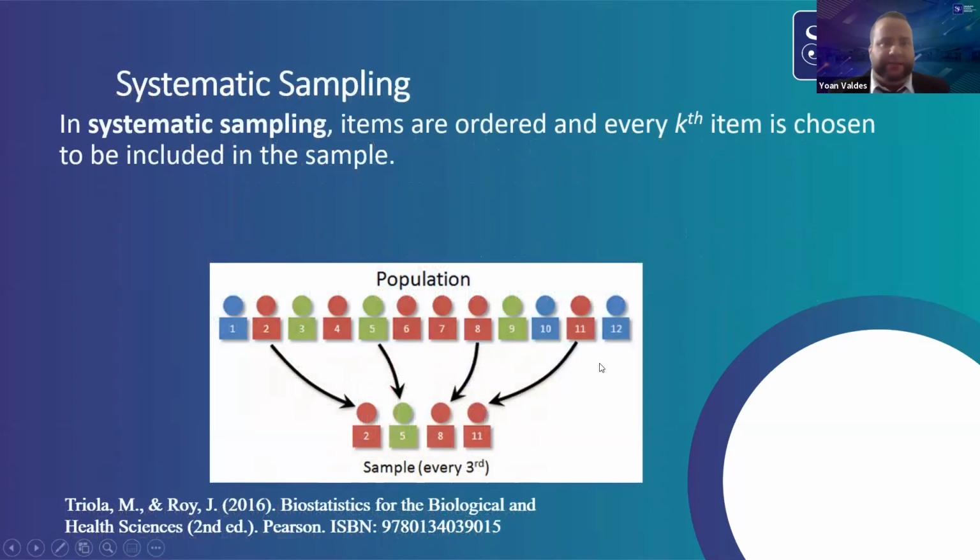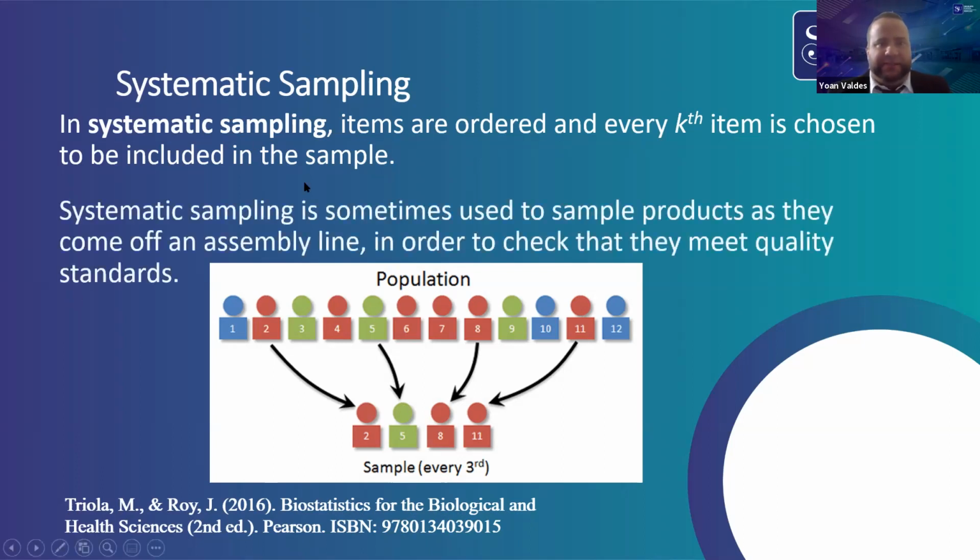Systematic sampling. In systematic sampling, items are ordered by every kth element. For example, systematic sampling is something that we use to sample products as they come off an assembly line in order to check that they meet the quality standard.